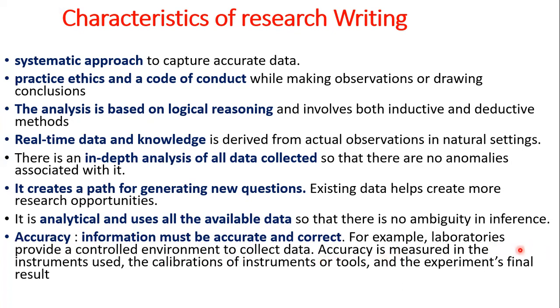Accuracy is measured in the instrument used, the calibrations of instruments or tools, and the experiment's final result. Well, it is quite a technical example. For example, how do these health laboratories decide whether some person is ill or not?